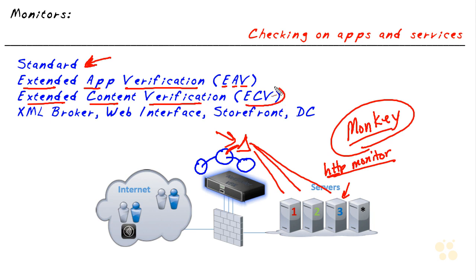We could create a monitor that's based on HTTP with extended content verification, and we could say we want to issue a GET, and in that response that comes back, we want to make sure that the word monkey shows up. And can you see how a monitor that's looking for specific responses could be even more accurate than a general HTTP monitor? And that same kind of thought process is involved with other detailed monitors.